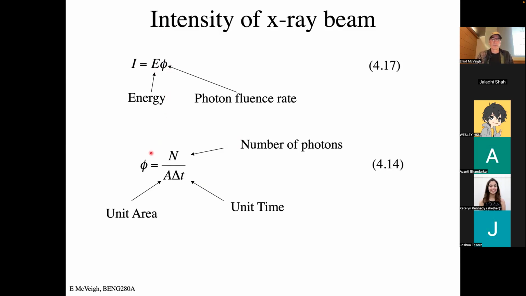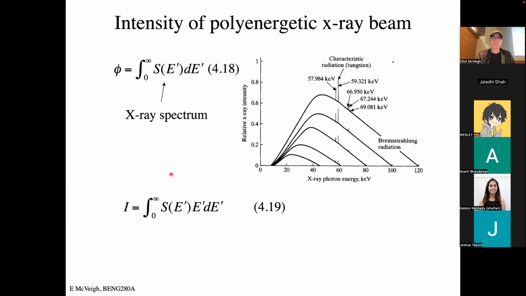In terms of the photon fluence, it's usually given in number of photons per unit time per unit area. Okay, those are the units of the photon fluence. And so we've been talking a lot about the energy of the X-rays that we are shooting through the patient. Let's say we set our voltage on our X-ray tube to 100 kilovolts.